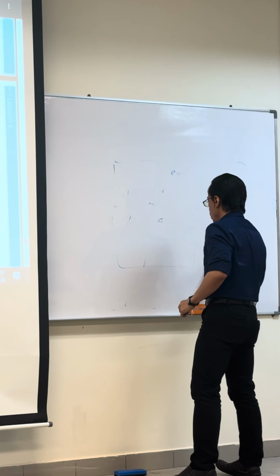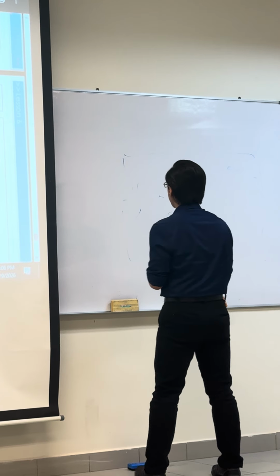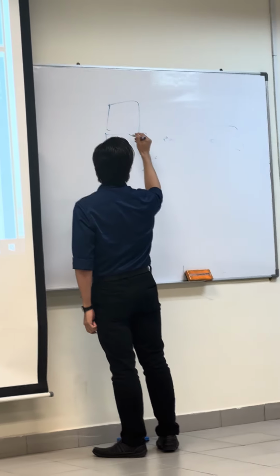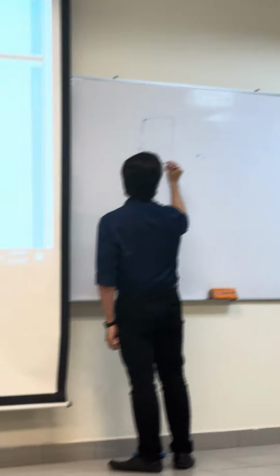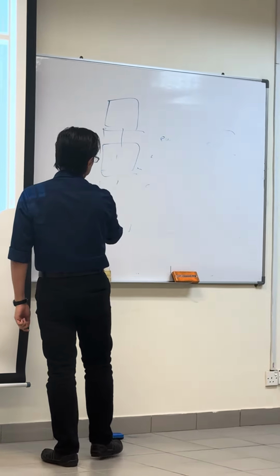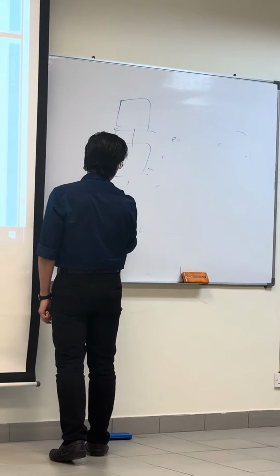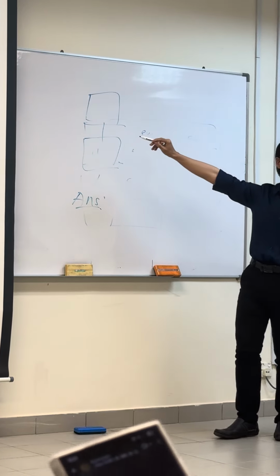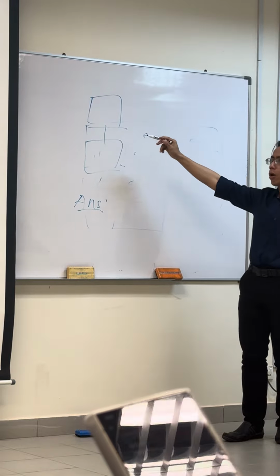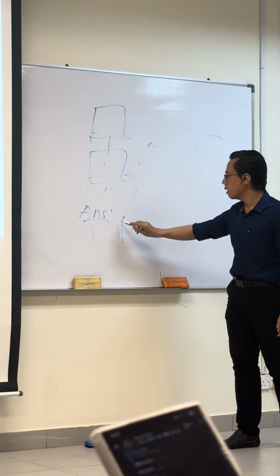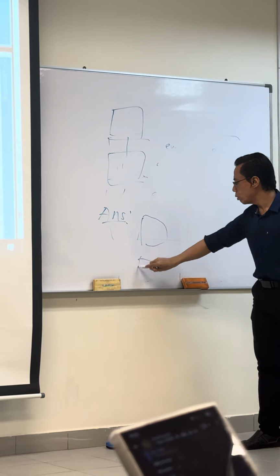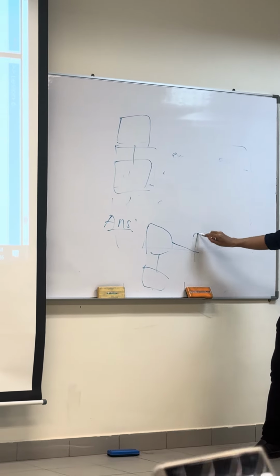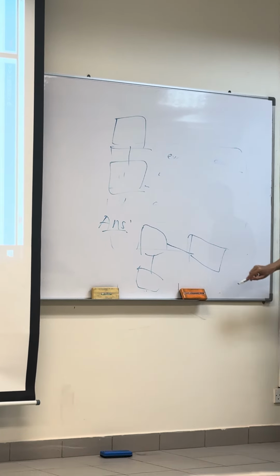If they ask you to extend the UML, and in the question they provide maybe one or two tables of the UML, then when you answer, try to redraw it again, because it's a very small UML. Redraw again, and then show how to extend. This is your answer. Okay?